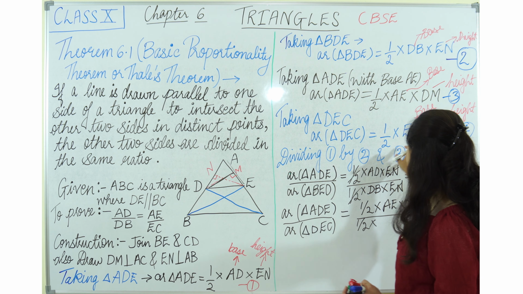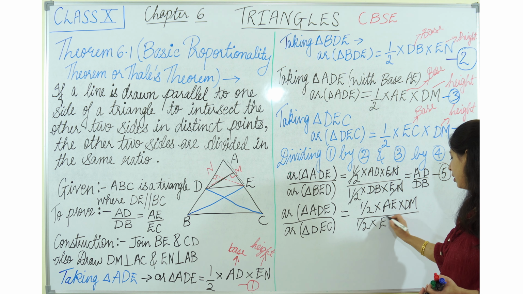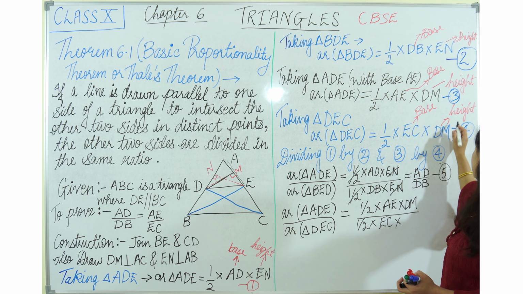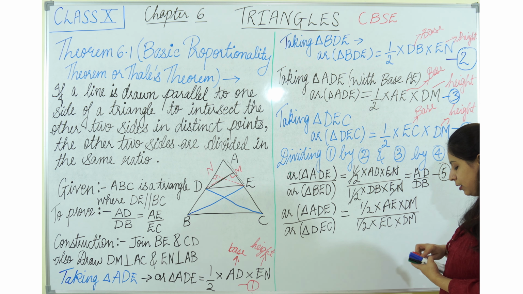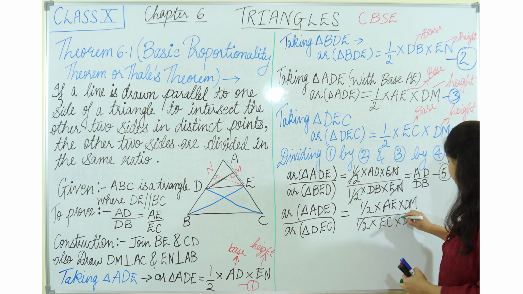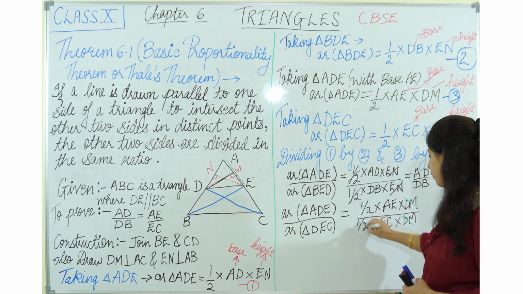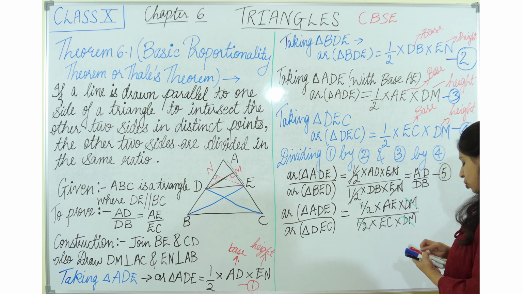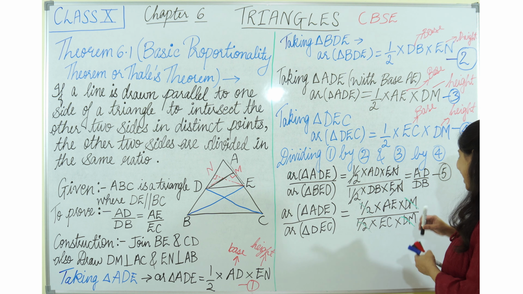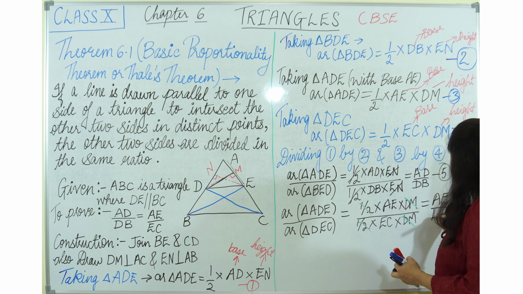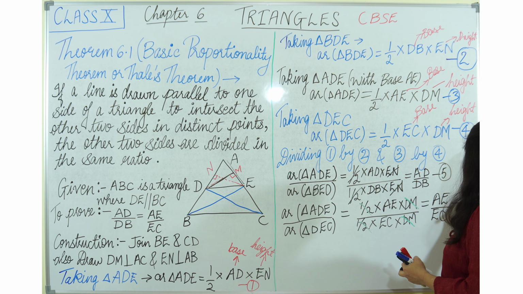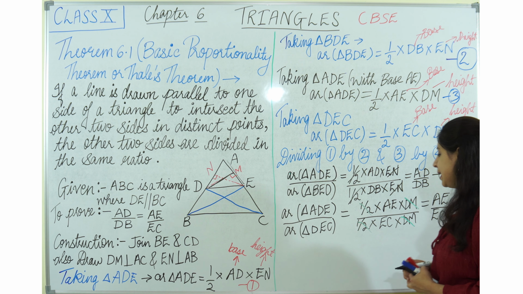For the triangle DEC, the base is EC and the height is again DM. So DM gets cancelled, half gets cancelled. So ultimately here we are left with AE upon EC. So this forms equation number 6.